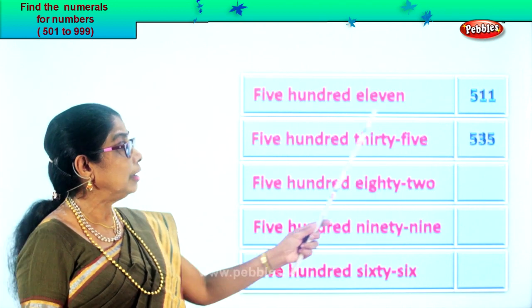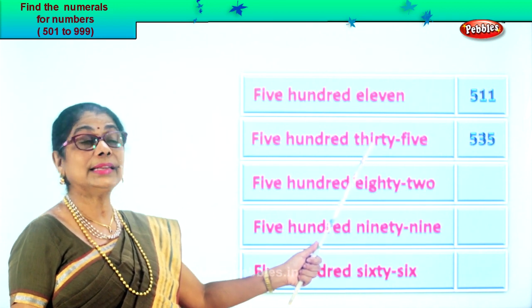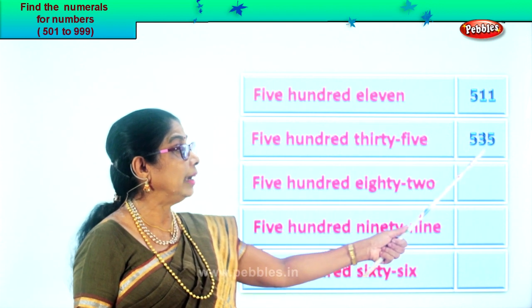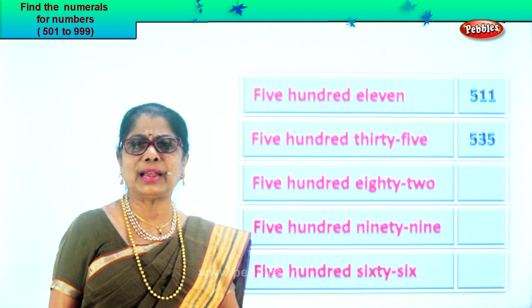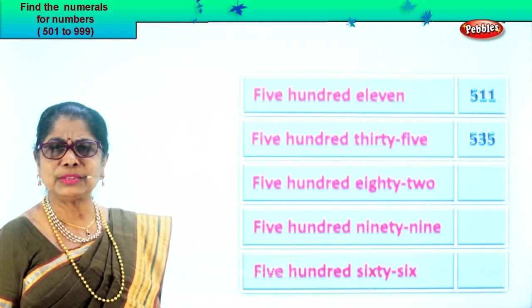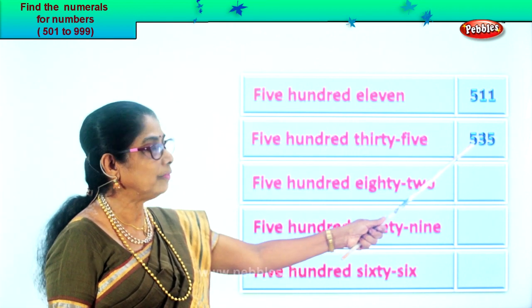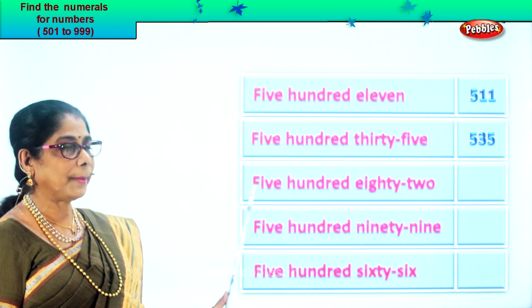So we'll write 5 in the 100 place, 3 in the tens place, and 5 in the ones place. 535. When you read it, you know the numeral correctly. You see that? It's a beautiful exercise. 535. Yes? Good. Let's take the next one.